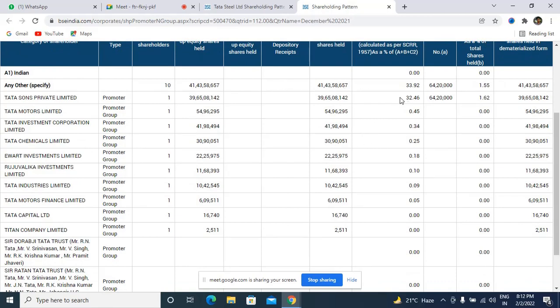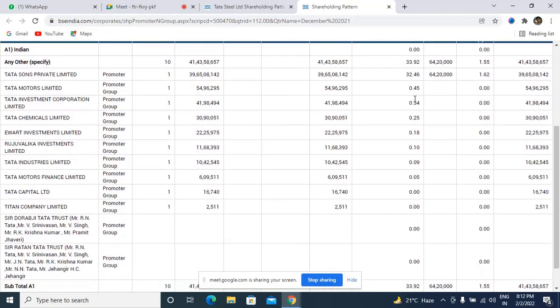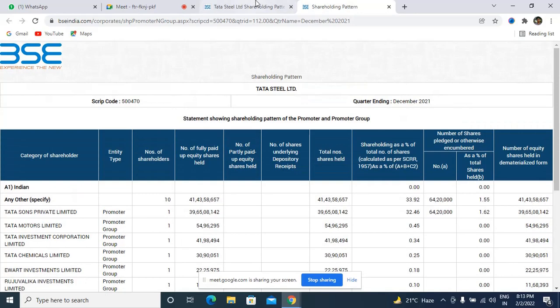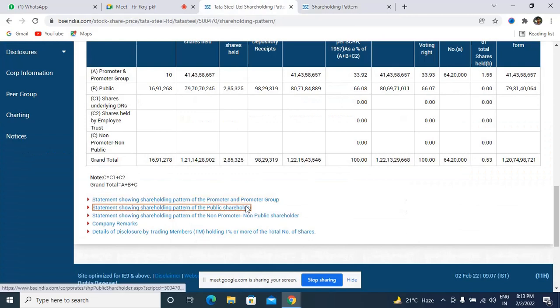What is the percentage of shareholding held by Tata Sons? You just take it down, and in the others category, put all these together in one place: Tata Motors Limited, then Tata Investment Corporation. Put all this data in the others category. Go to this public list.